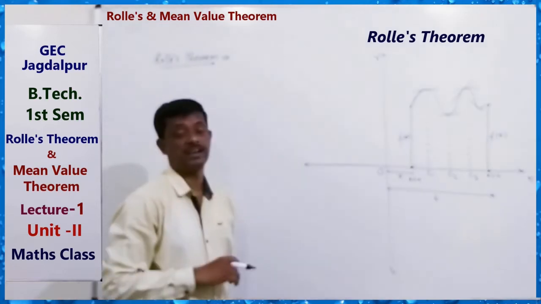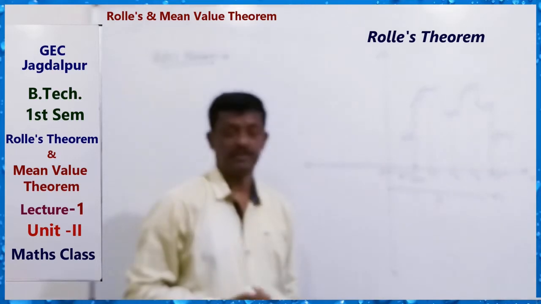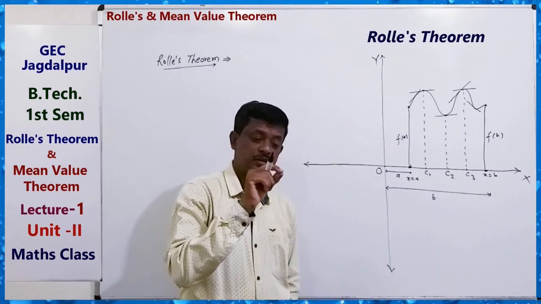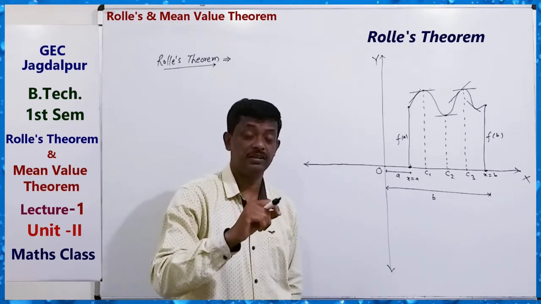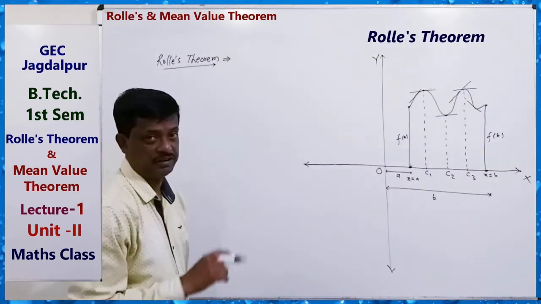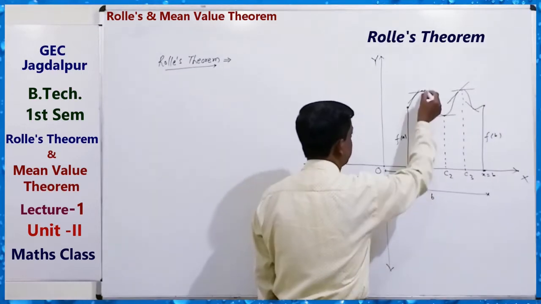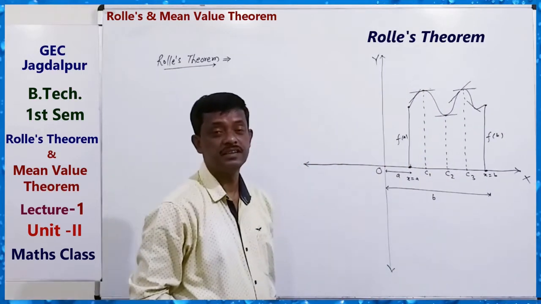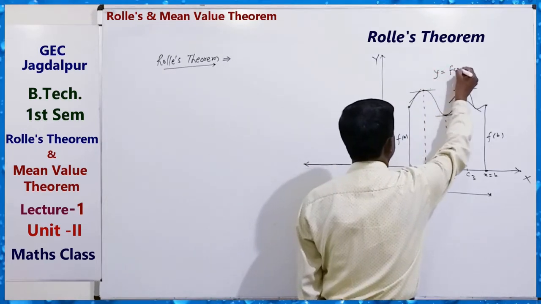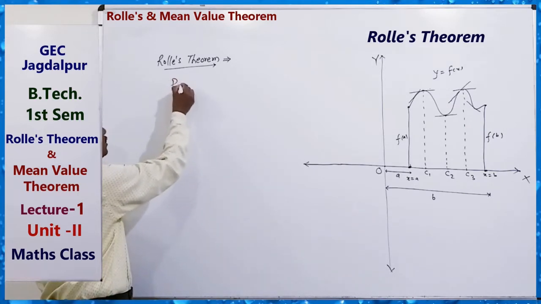And also we know that the slope of the tangent to the curve at a point is given by the derivative of the function at that point. That means at this point the derivative of the function is 0. Y equals f(x) curve. So we can see the proof geometrically.